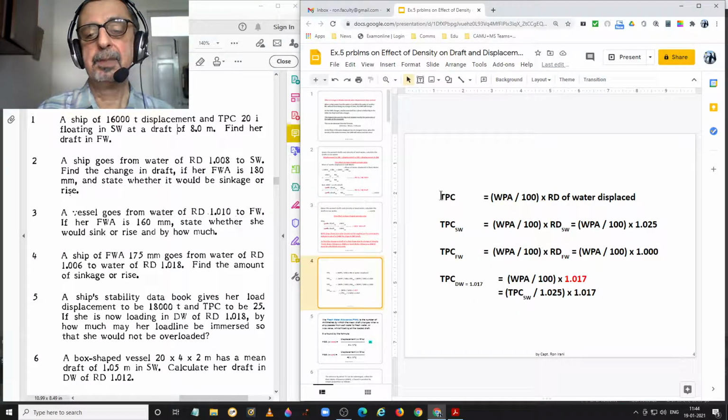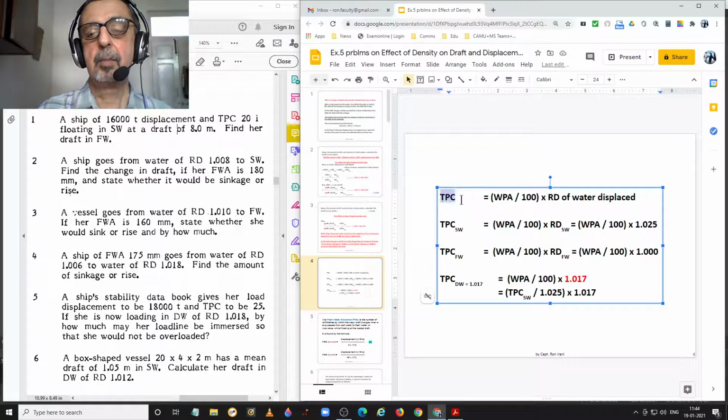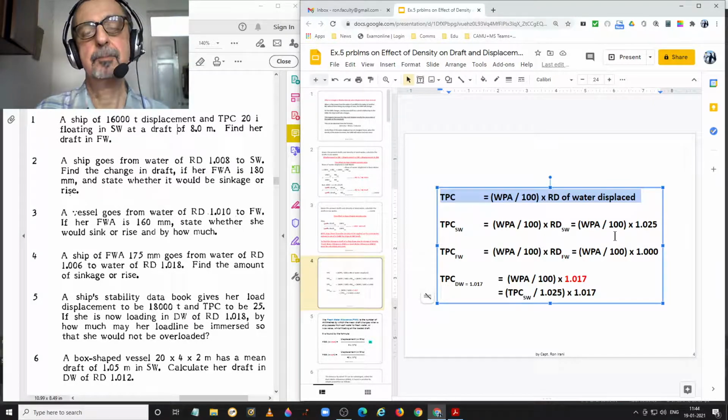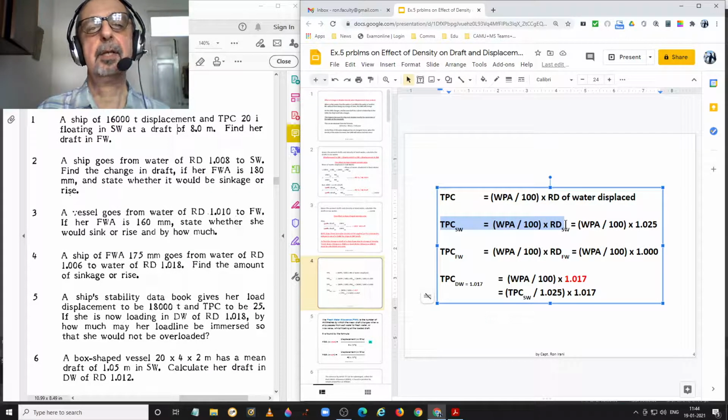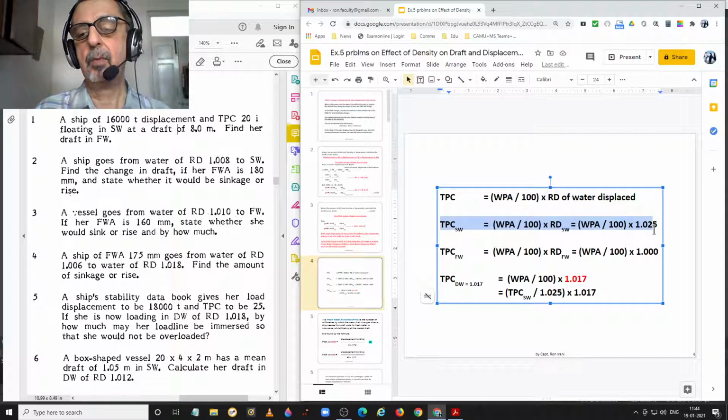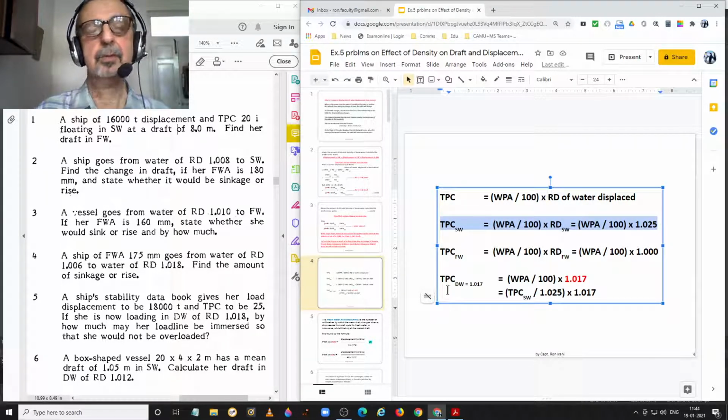We know that TPC is equal to water plane area divided by 100 multiplied by the relative density of the water displaced. TPC in salt water therefore is equal to water plane area divided by 100 into relative density of salt water, which is 1.025.